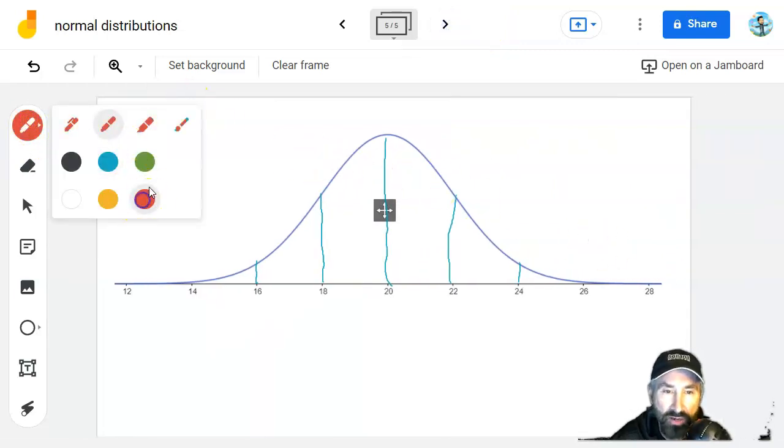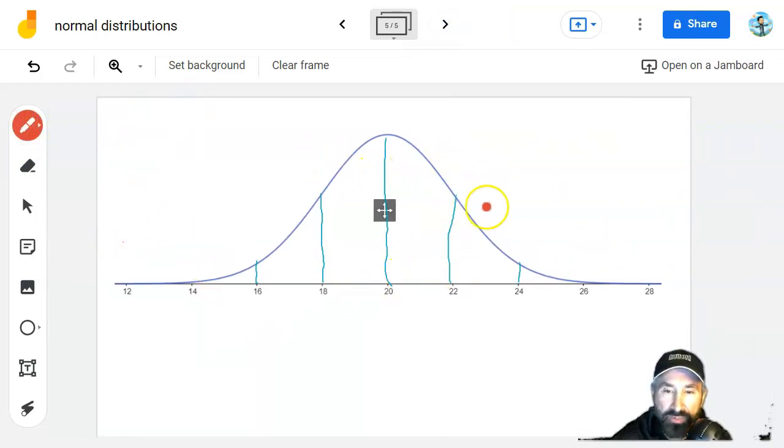Where do I put my cut lines? I'll make them in red. Middle 50%. We know that if we go out to here, that's 68%. So the middle 50% must be lines that are somewhere in between there. They couldn't be outside there because that'd be more than 68%.